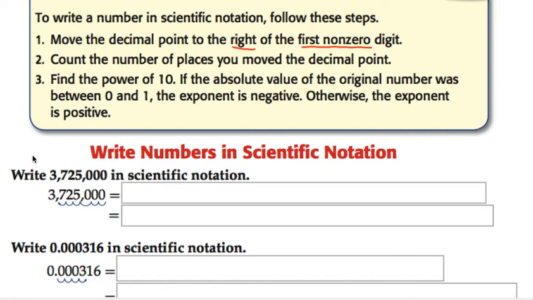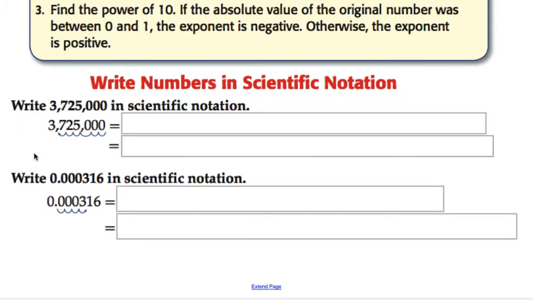So in words, I think that's kind of confusing, but when you actually look at examples, it becomes a little bit easier. So first of all, let's look at this example. We want to write this standard form number in scientific notation. So what we want to do is put our decimal point to the right of the first non-zero number. So our very first non-zero number is 3. So that's where we want our decimal point to end up, right there. So we don't have to include any zeros in the number.